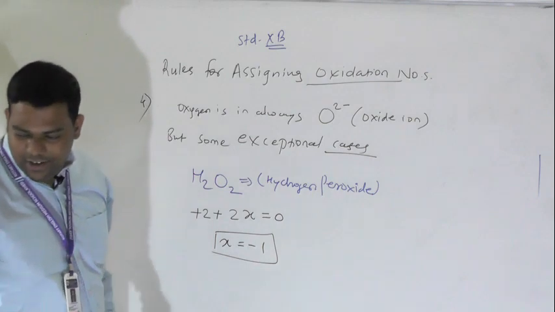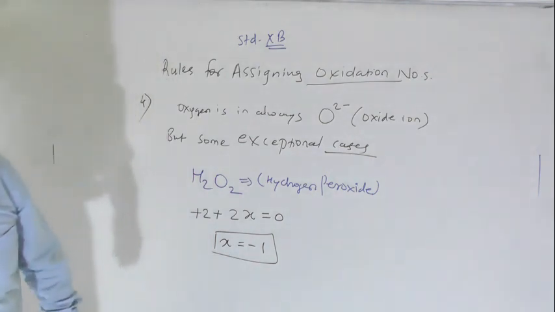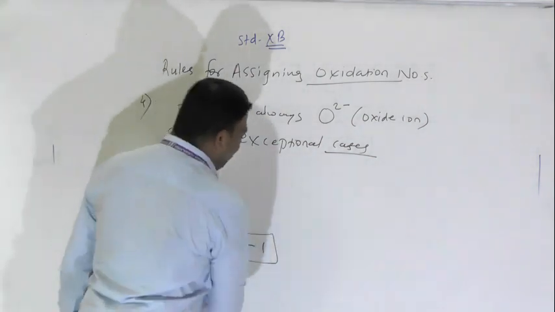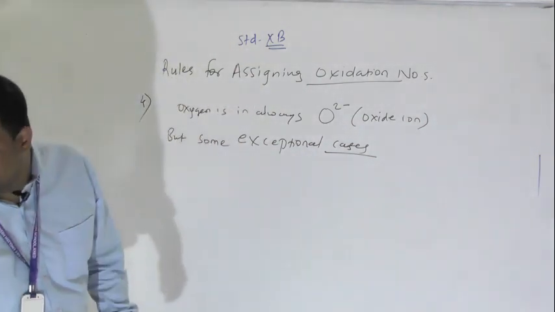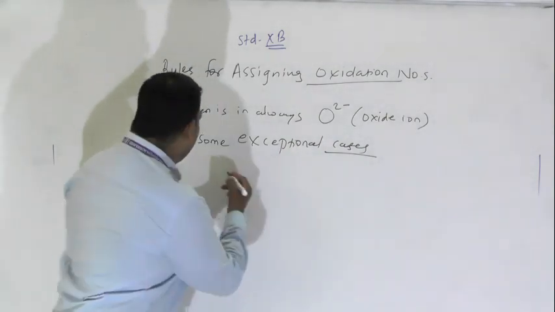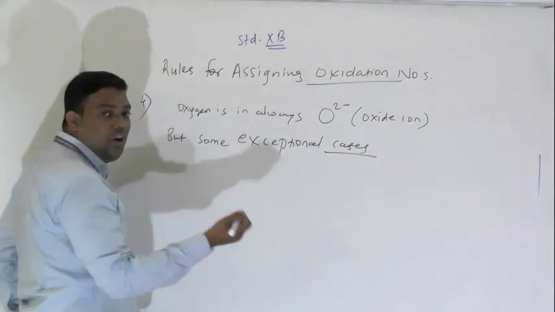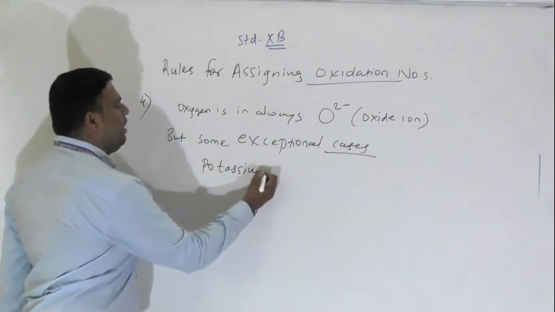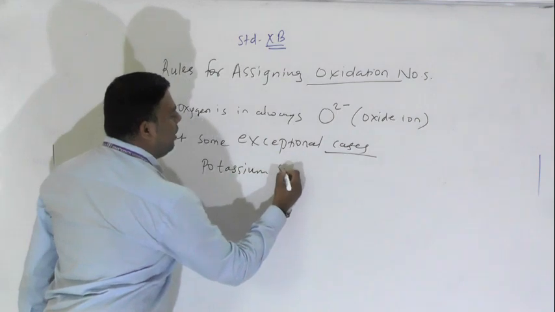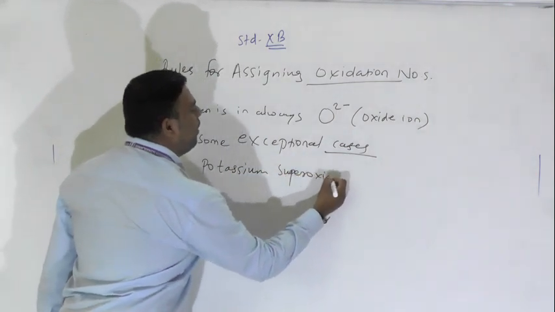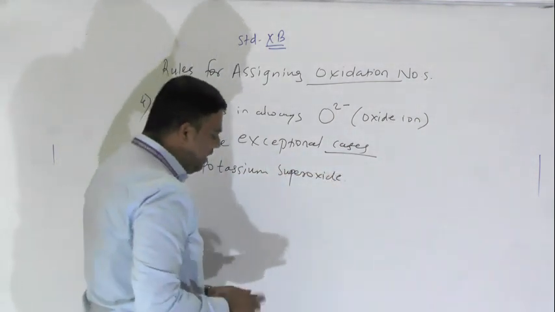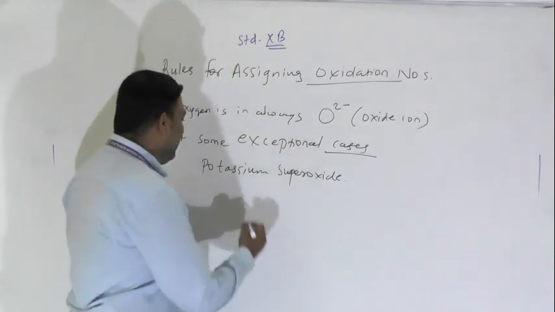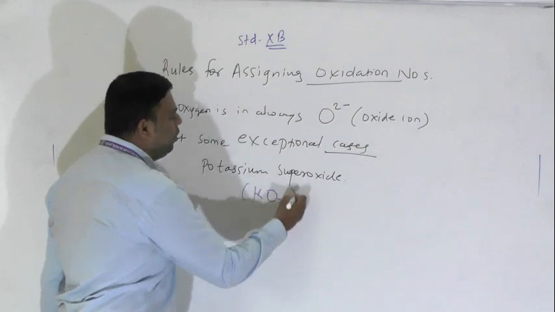One more exceptional case: superoxide. We saw oxide and peroxide; now see the example of potassium superoxide, with formula KO2.